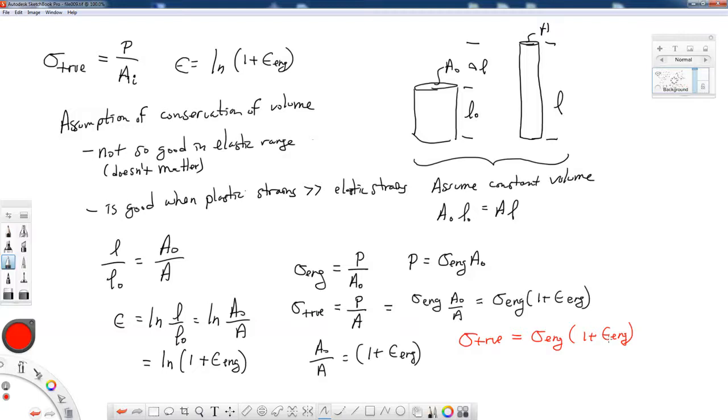And just to have it written down here, the true strain is equal to the logarithm of 1 plus the engineering strain. And both of these are only valid until necking, or till we reach the ultimate stress of our metal.